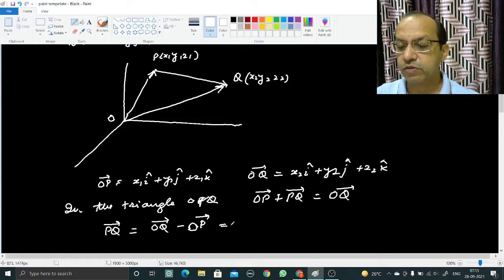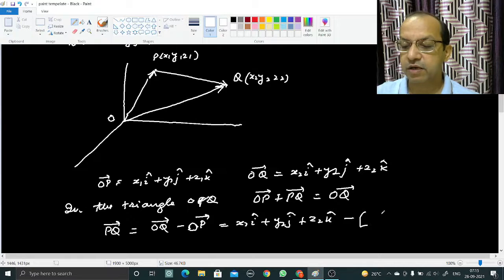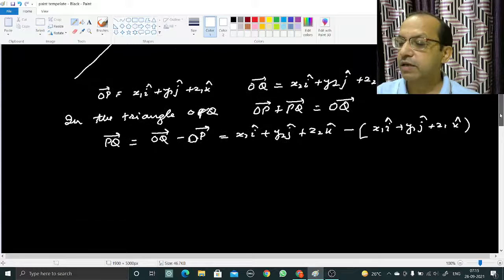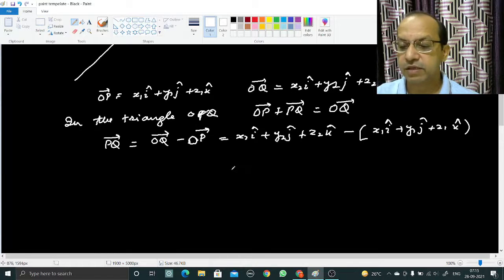What is OQ? OQ is x2 i cap plus y2 j cap plus z2 k cap, minus x1 i cap plus y1 j cap plus z1 k cap. Now we can write down the similar terms together.